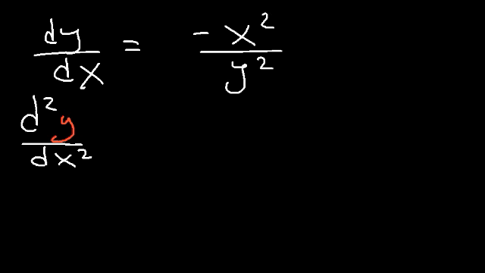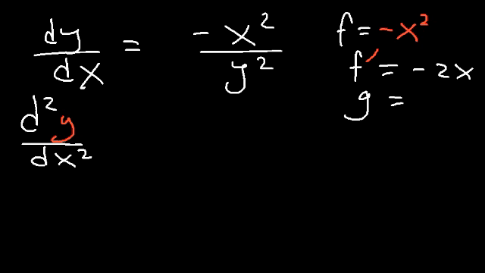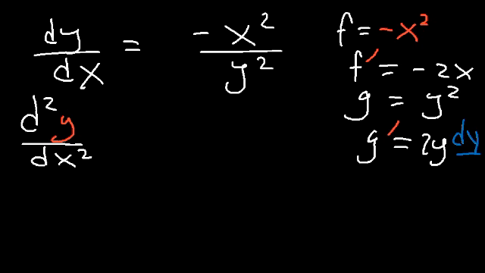So we're going to say f is negative x squared and g is y squared. f prime, the derivative of negative x squared, is negative 2x. g is y squared, and g prime is going to be the derivative of y squared, which is 2y. And let's not forget dy/dx.